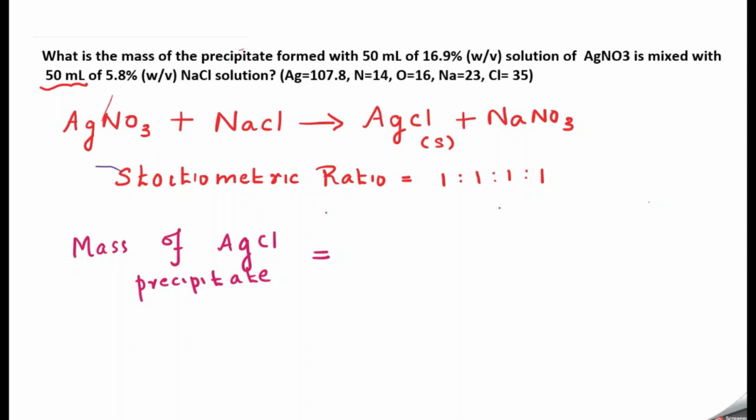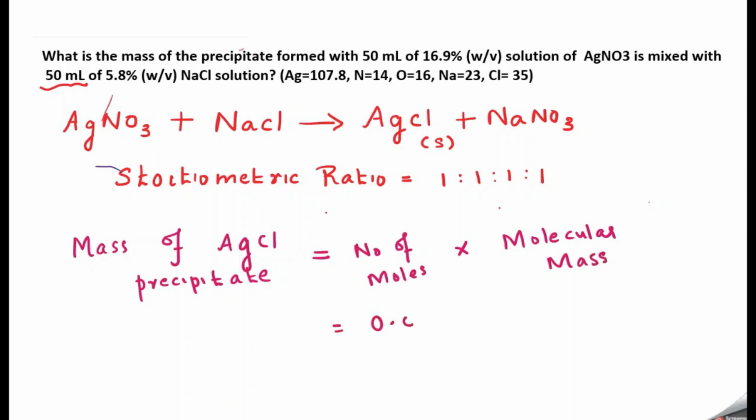We know that number of moles is equal to mass divided by molecular mass. So mass of the precipitate will be equal to number of moles multiplied by molecular mass.